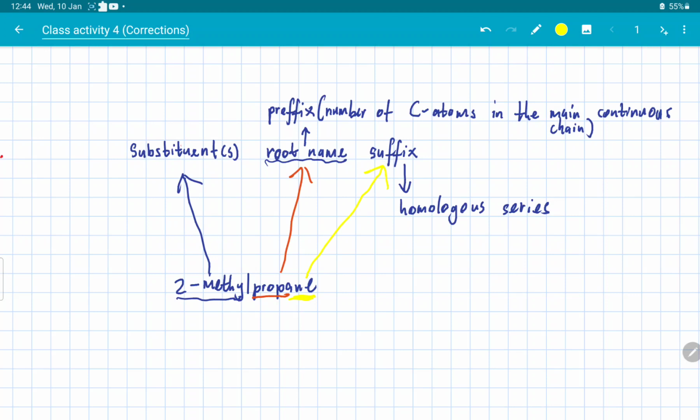Whenever you have a branched hydrocarbon, this is how you're going to name it all the time.